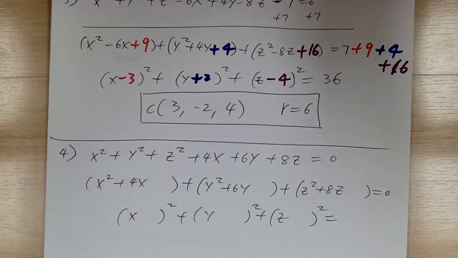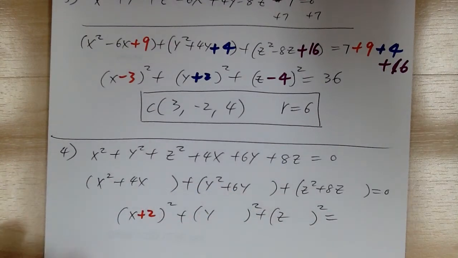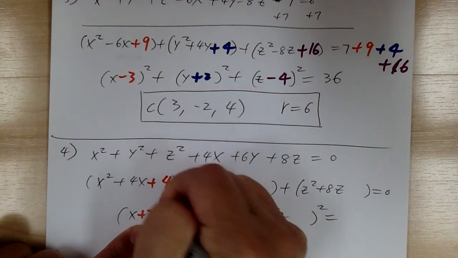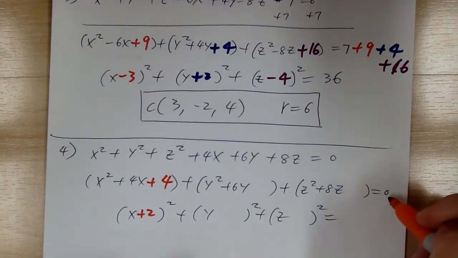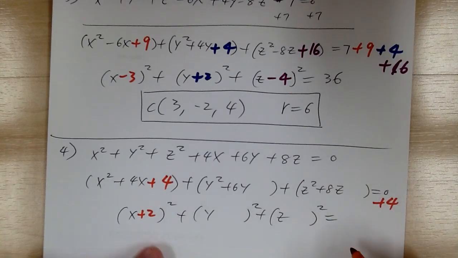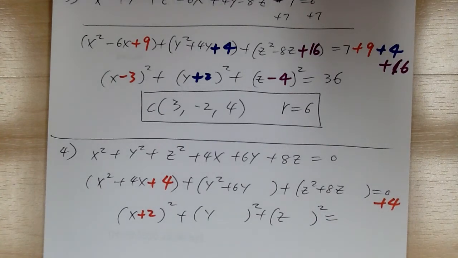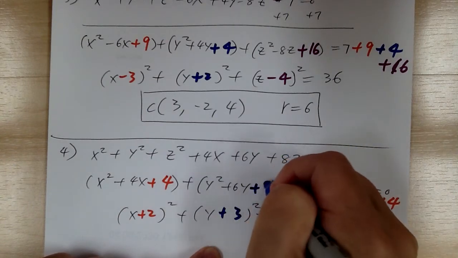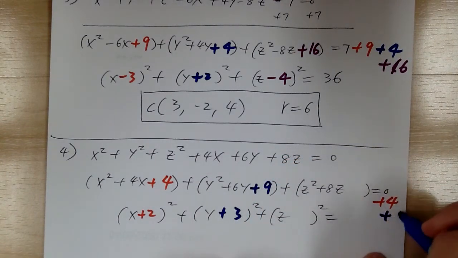From here, you need to have x plus 2. Again, this will be half of that, and then you square that. So you need plus 4 here. And then you do the y, so this will be plus 3, so it will be plus 9 here.